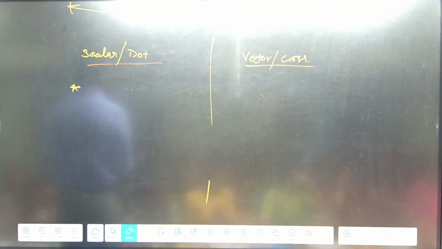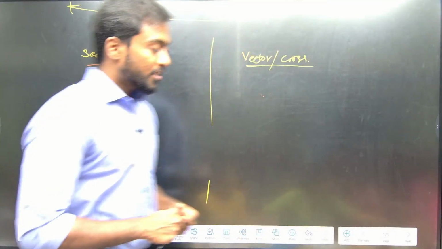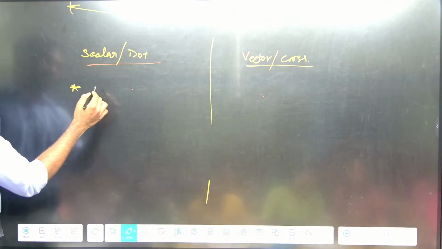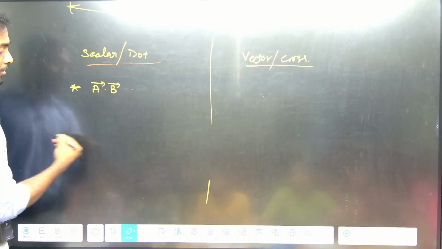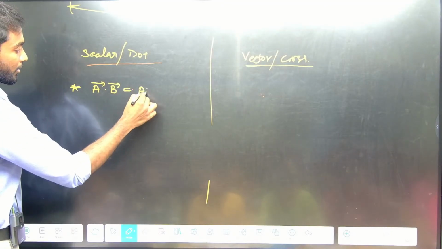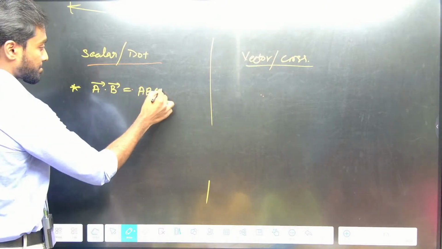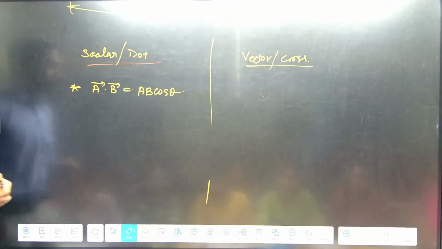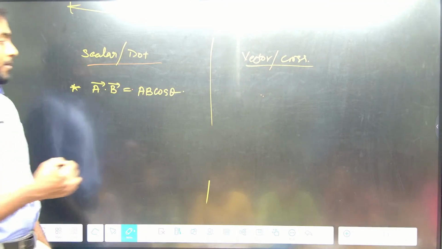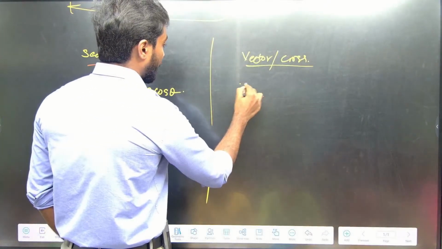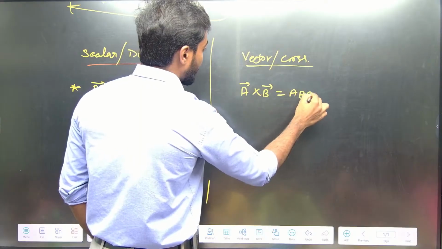So the next formula: if I consider two vectors, A vector dot B vector is AB cos theta. Here A vector cross B vector will be equal to AB sin theta.